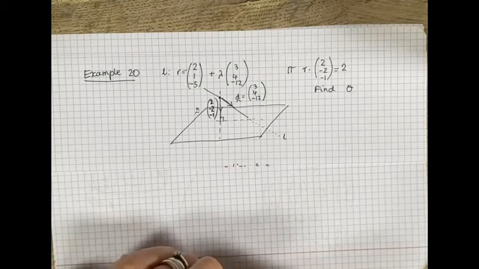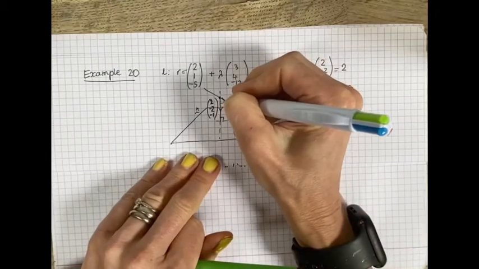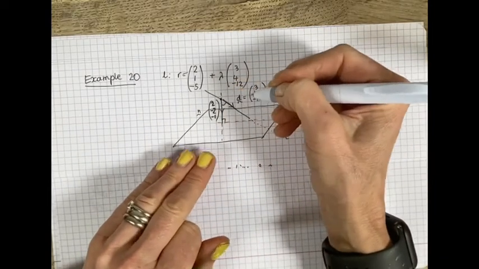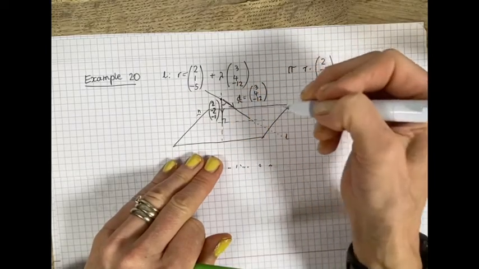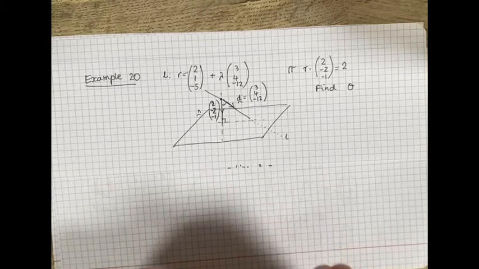Right, so what am I going to do? Well, I've got two vectors, so in case the direction vector or normal was facing a different way, I am going to find the acute angle by doing the modulus of the dot product. So let's find the acute angle theta.